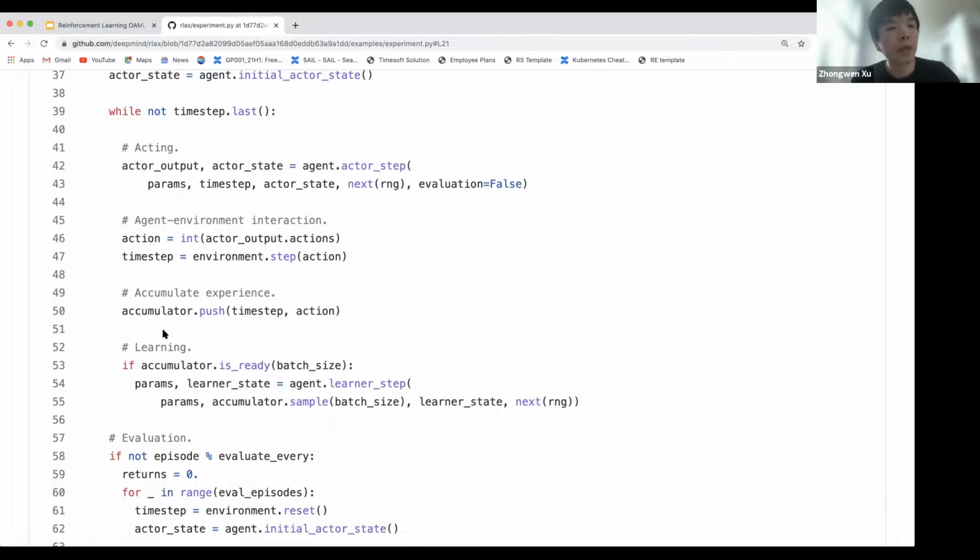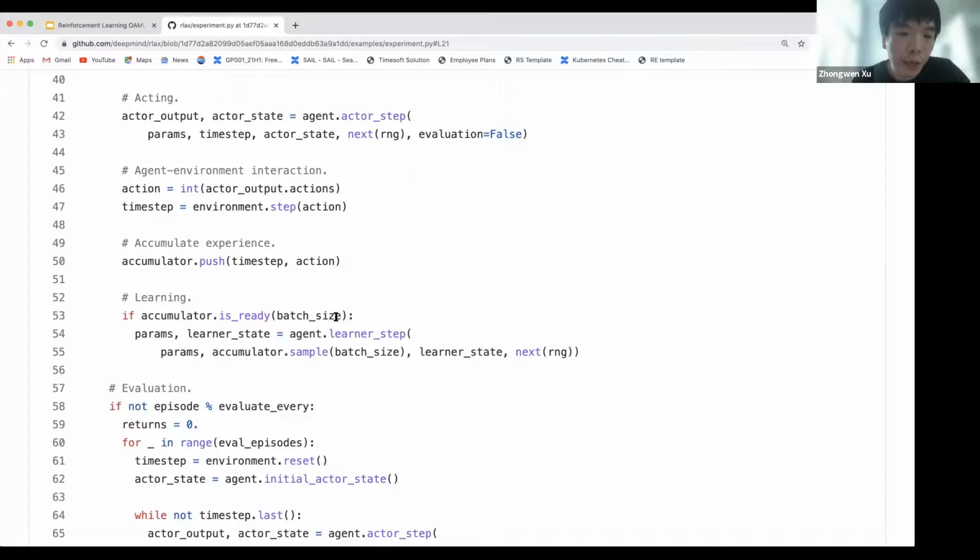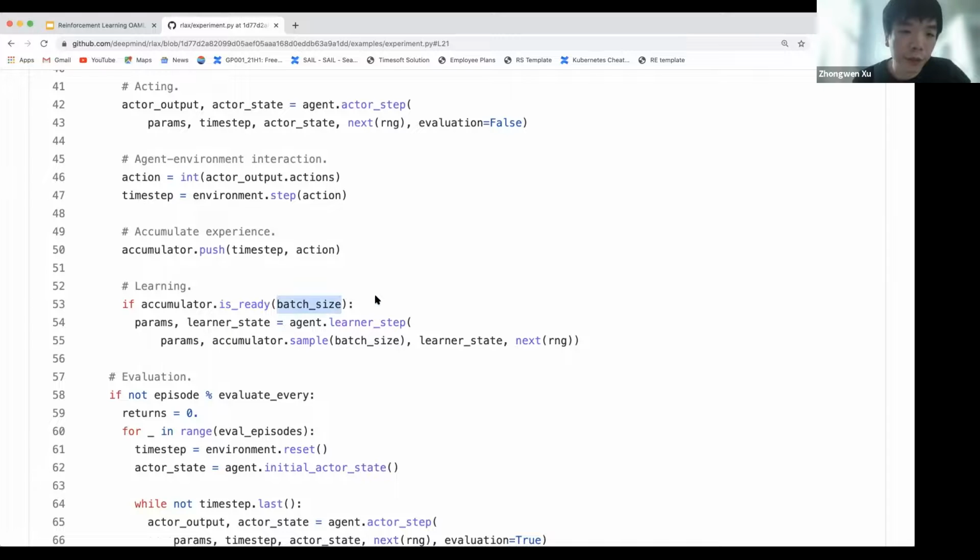And then for the time step, in the experience replay, we keep adding this experience into the buffer. And every so often, you can make an if statement or any condition statement. This is saying that when the buffer is ready and we take a batch size of transitions, the agent can perform learning.